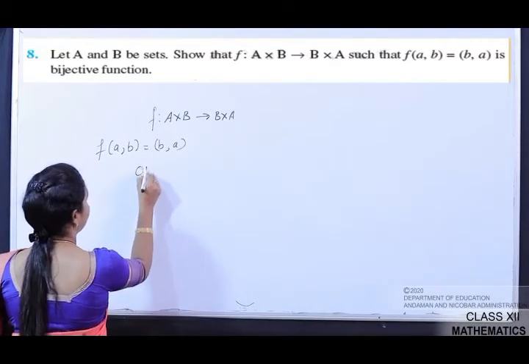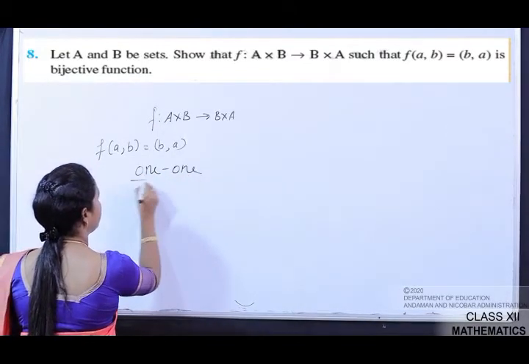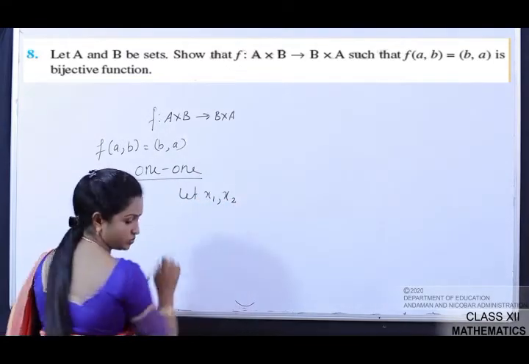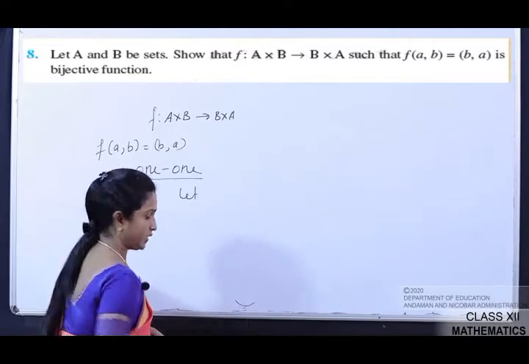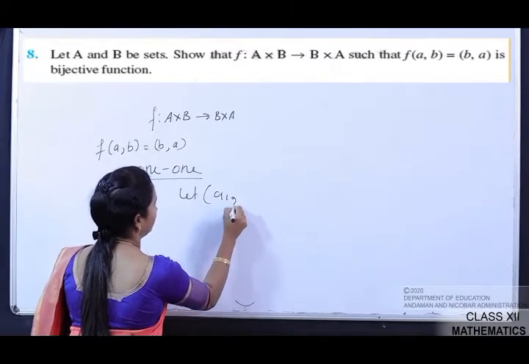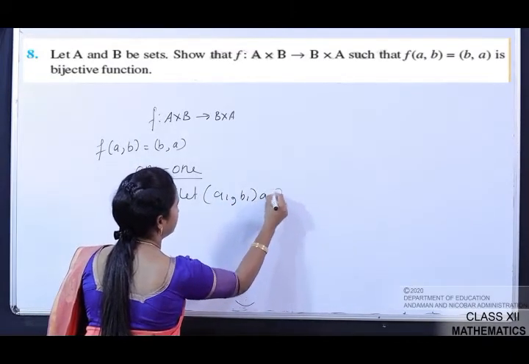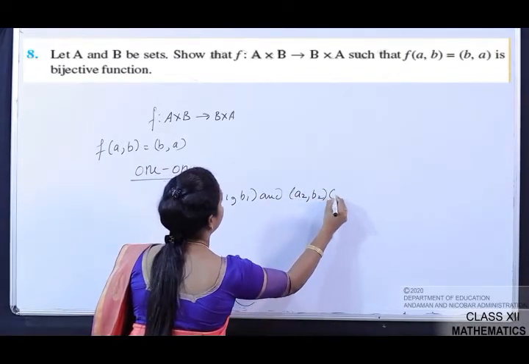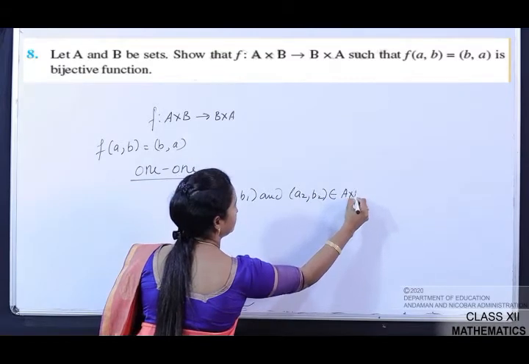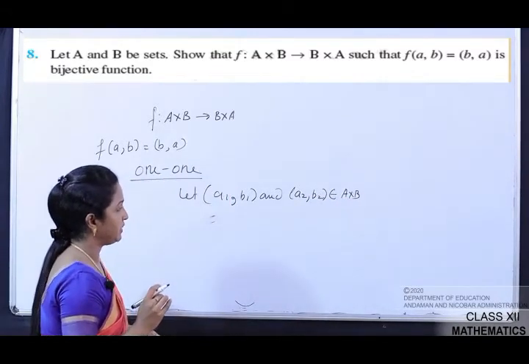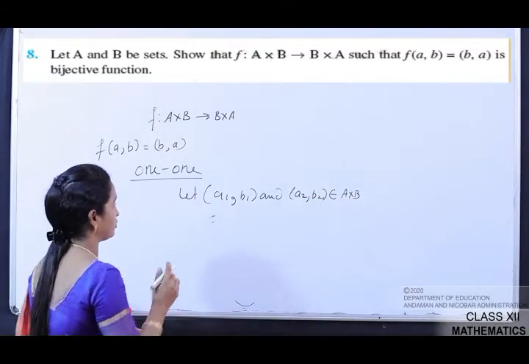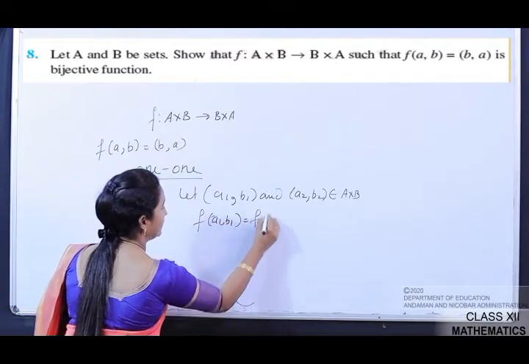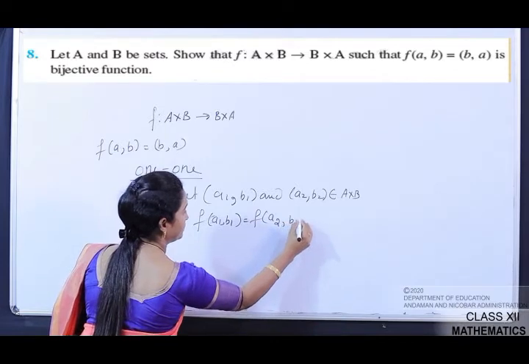Let, to prove 1 to 1, let x1 and x2, you can take a1, b1 and a2, b2 belongs to A cross B. You have taken two elements, a1, b1 and a2, b2 belongs to A cross B. F of a1, b1 is equal to f of a2, b2.